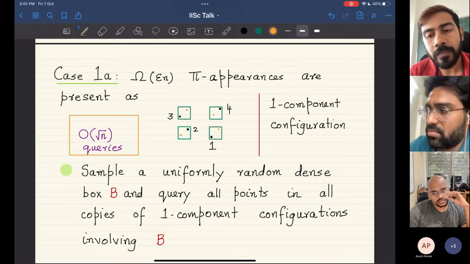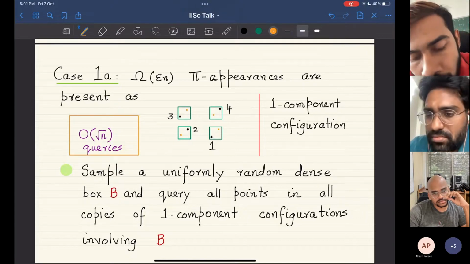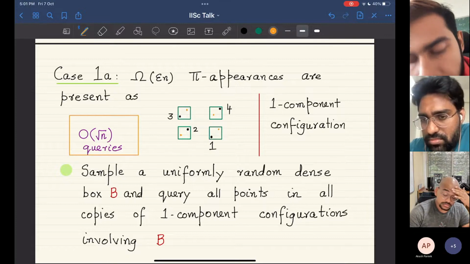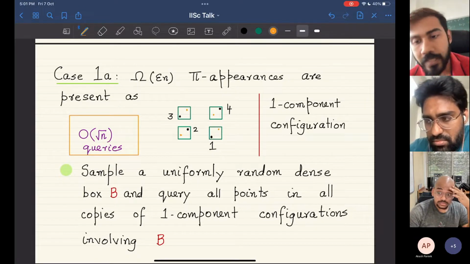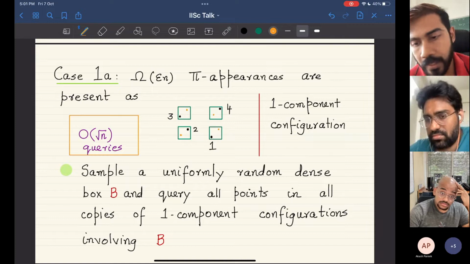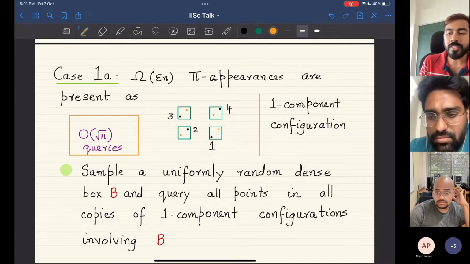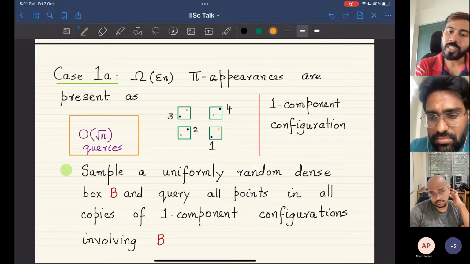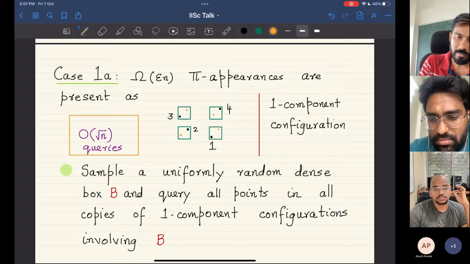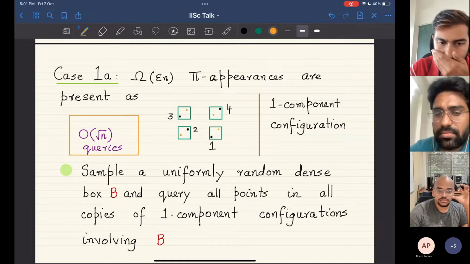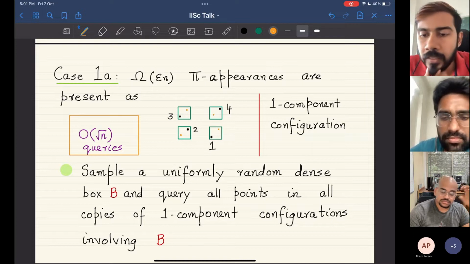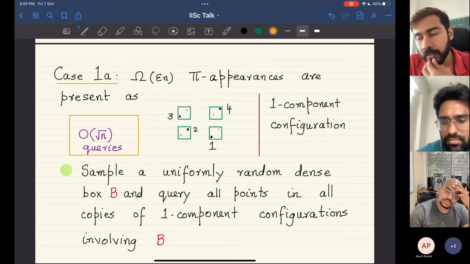Yes. So these configurations that we are treating at this stage have to share either a layer or a stripe. Only such configurations we are treating here, because they are the more difficult ones.